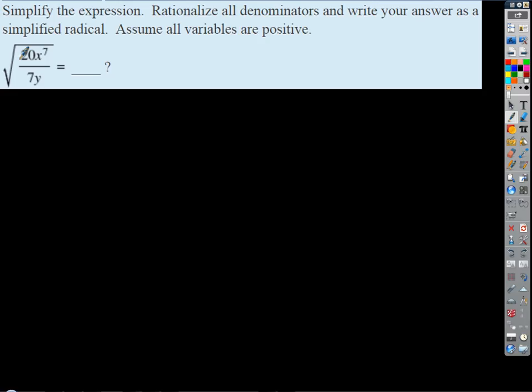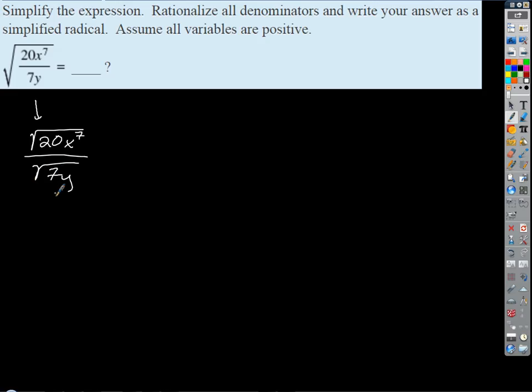But then we're just going to split the top and the bottom, and simplify as much as you can, and then we just have to rationalize the denominator, get rid of any stranded radicals, right? So that's our goal. Split the two, simplify both, and if we end up with a stranded radical on the bottom, we have to get rid of it. That's it. So on the top, we get the square root of 20 x to the 7th. On the bottom, we get the square root of 7y.